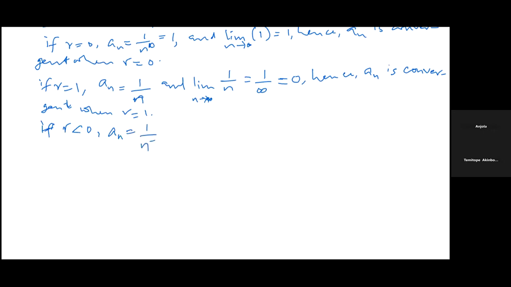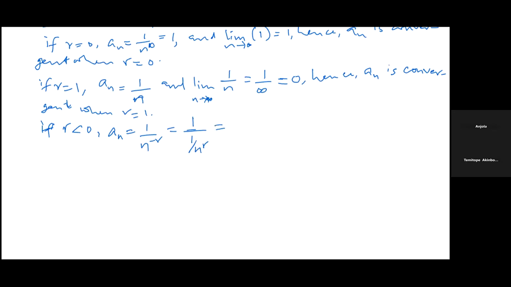Now, 1 over n raised to power minus r is the same as saying 1 over 1 over n raised to power r. Because of the minus, the law of indices will apply. That means if you take the reciprocal of this, it gives us n raised to power r.